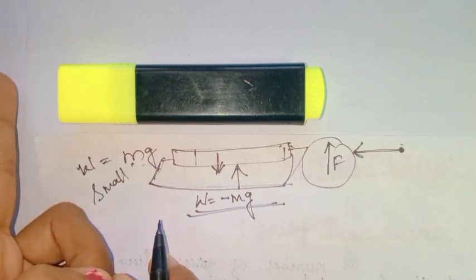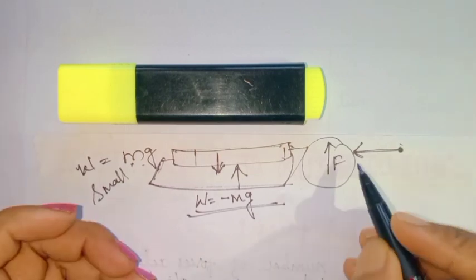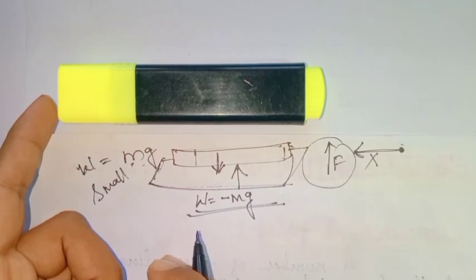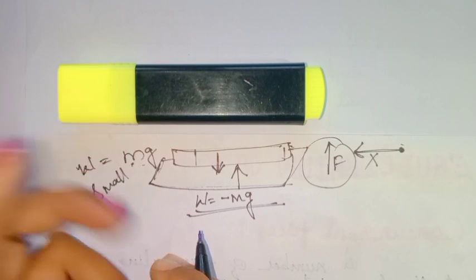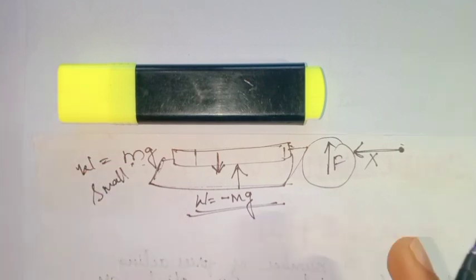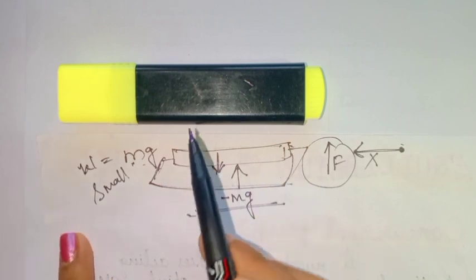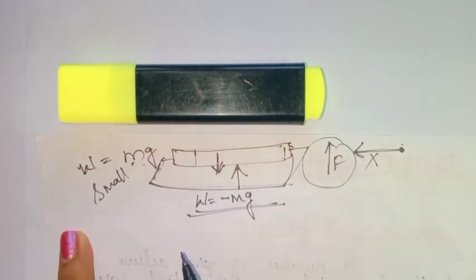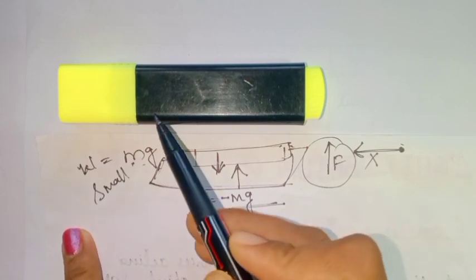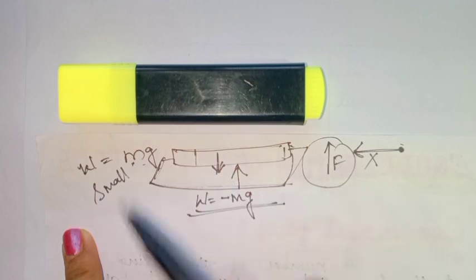Is it clear? If there is no such opposing force, this object might have moved when I apply the force suddenly, but this object is not moving. The reason is that there is some other force which is not making this object move. So let's see what that force is, because of which for a small force this object is not moving.